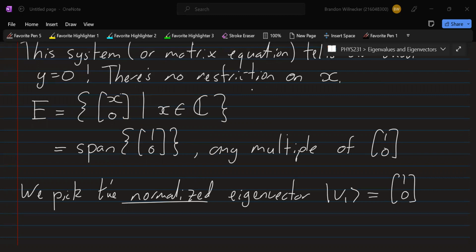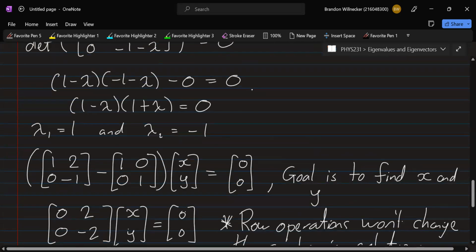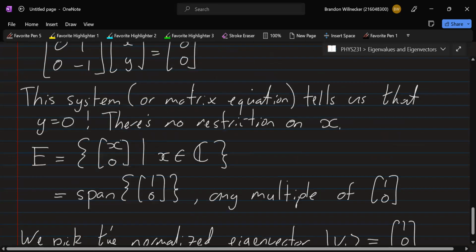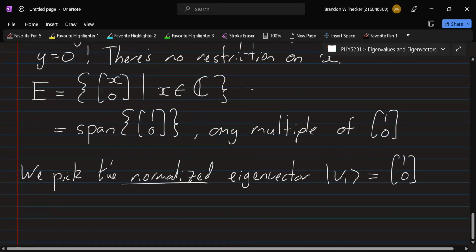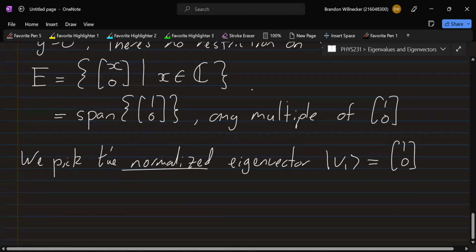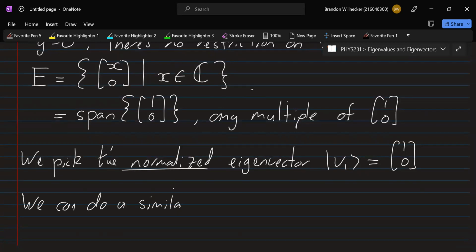We can do a similar method. Okay, so we take lambda 2 equals minus 1, substitute it in, solve for x and y, and then we get the eigenspace. So we can do a similar thing for lambda 2.